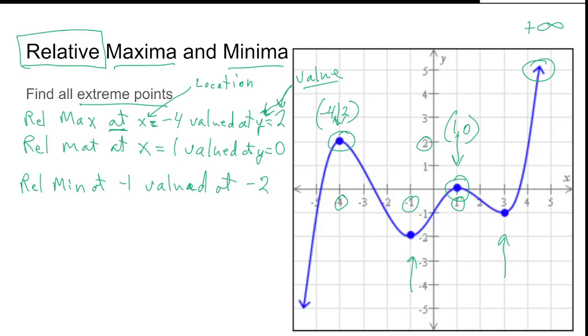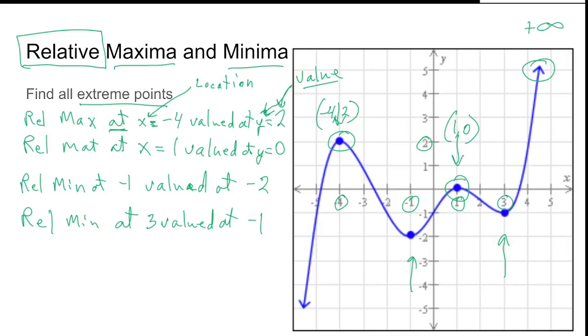Okay, so just to mix it up, the -1 is an x, the -2 is a y. And then there's also the relative minimum at positive 3, valued at -1. So x and y values.